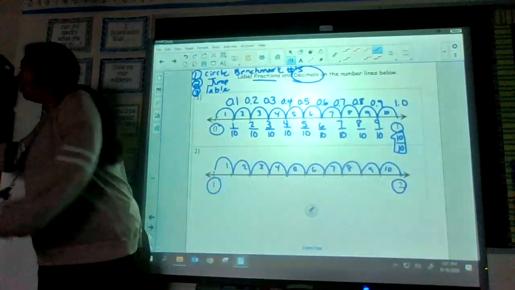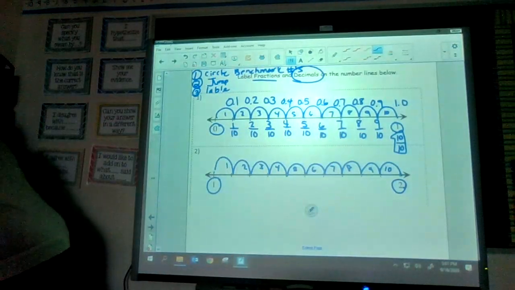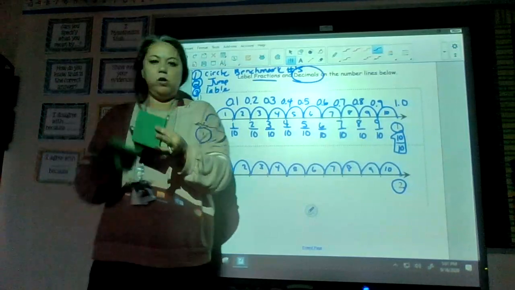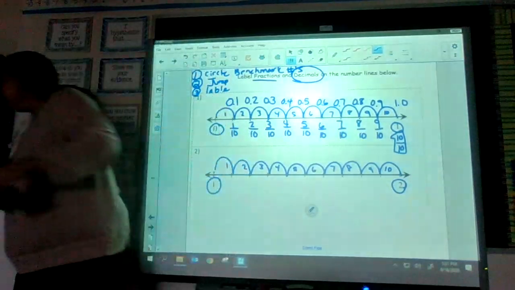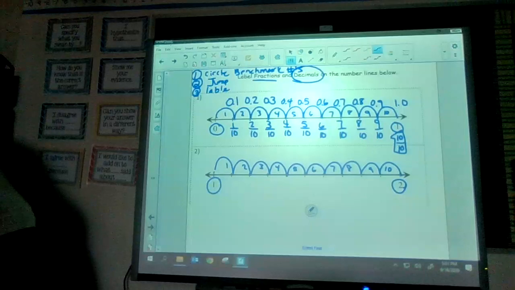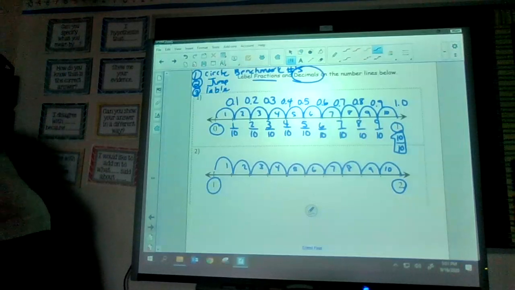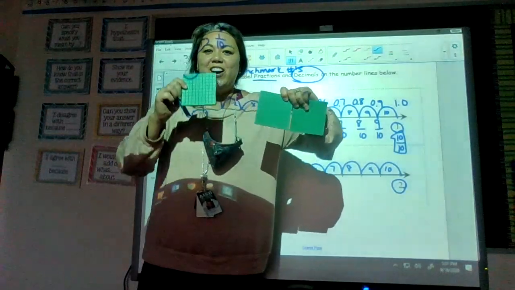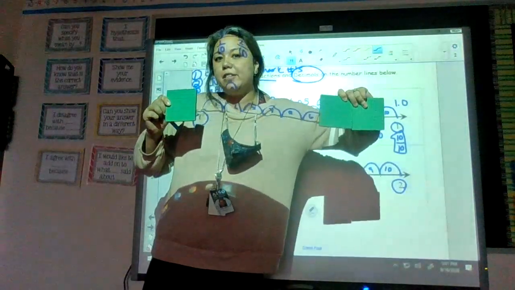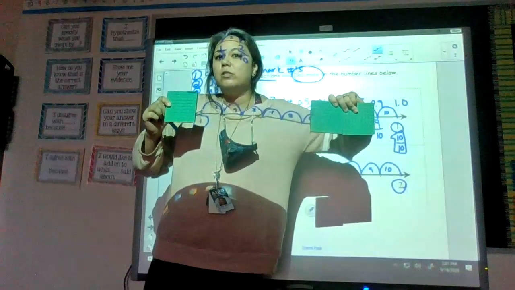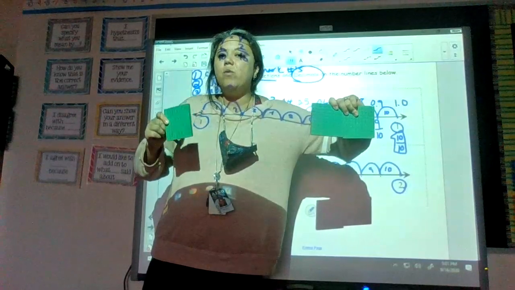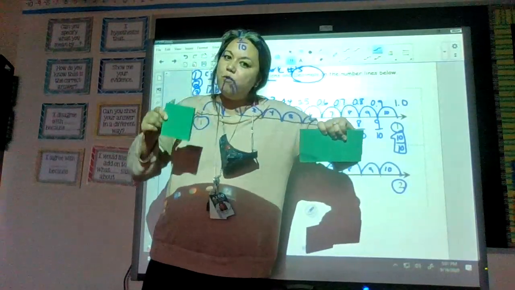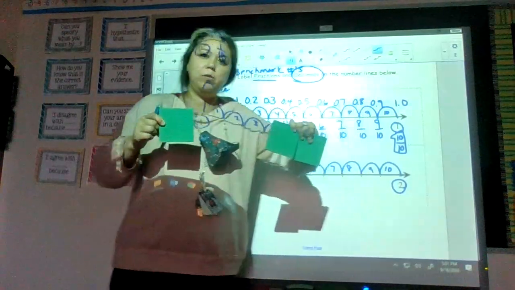So I have a whole, and then on this side, there's one. I have 1 but not quite 2. So now we're going to have to see, how am I going to get to 2 wholes? I already have 1, but I'm trying to get to 2.